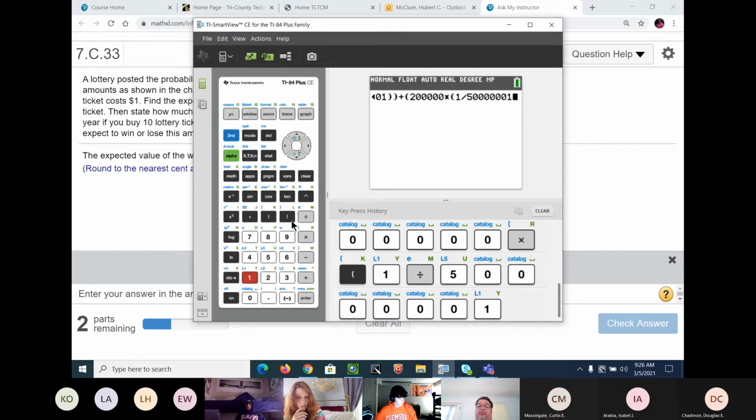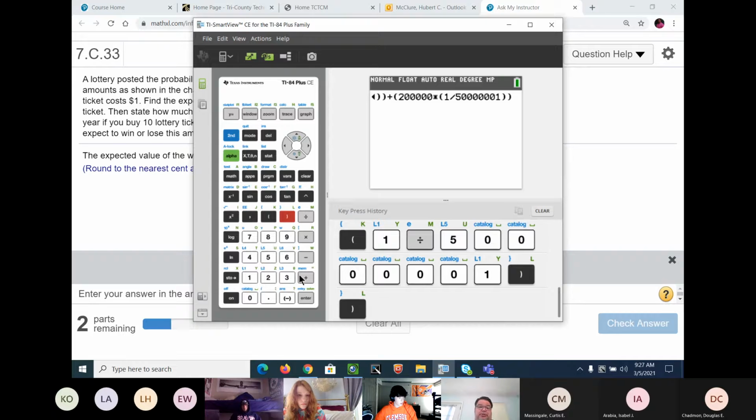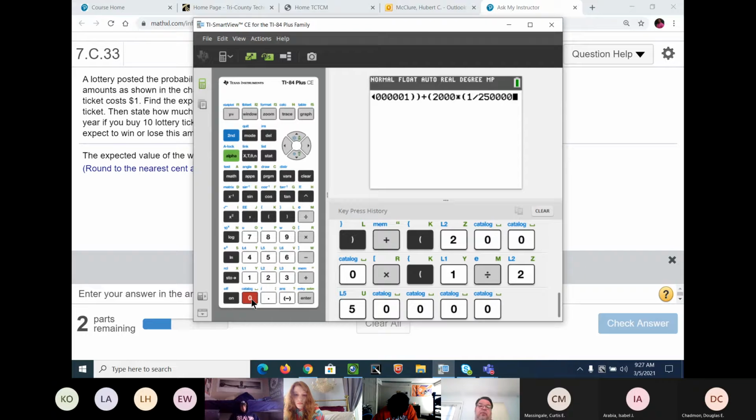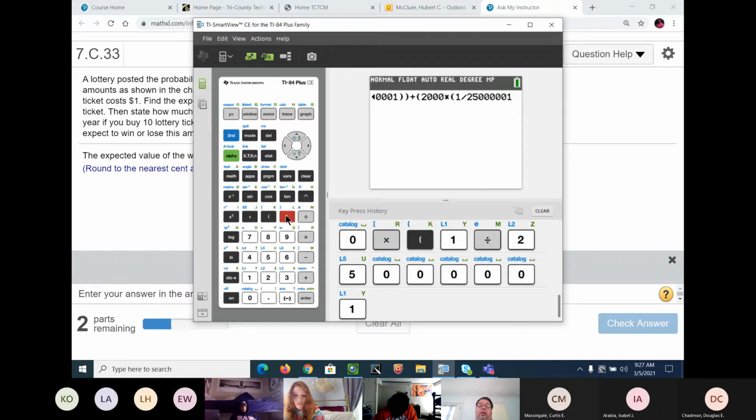I have to cover up the zeros because do y'all notice when you write millions, they start to run together, or is that just me? Plus 2,000 times parentheses 1 divided by 25 million. And that should equal your expected value.